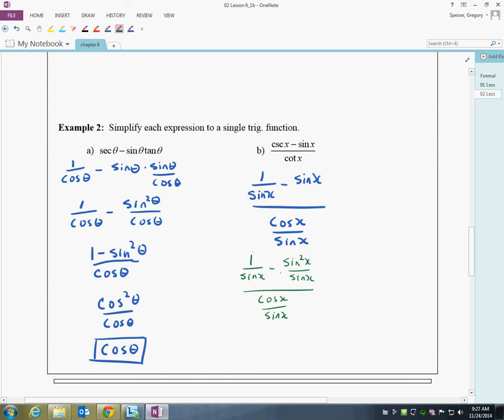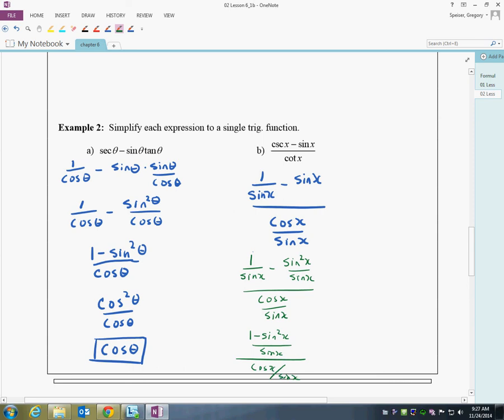Now when I combine these two fractions, because they're both over sine of x, I get 1 minus the sine squared of x all over the sine of x. And then the bottom of my fraction is the cos of x over the sine of x.